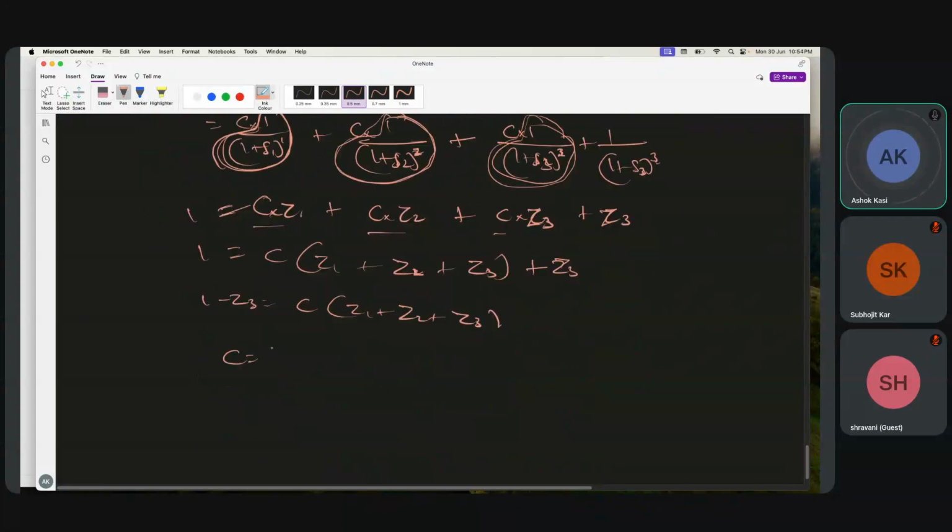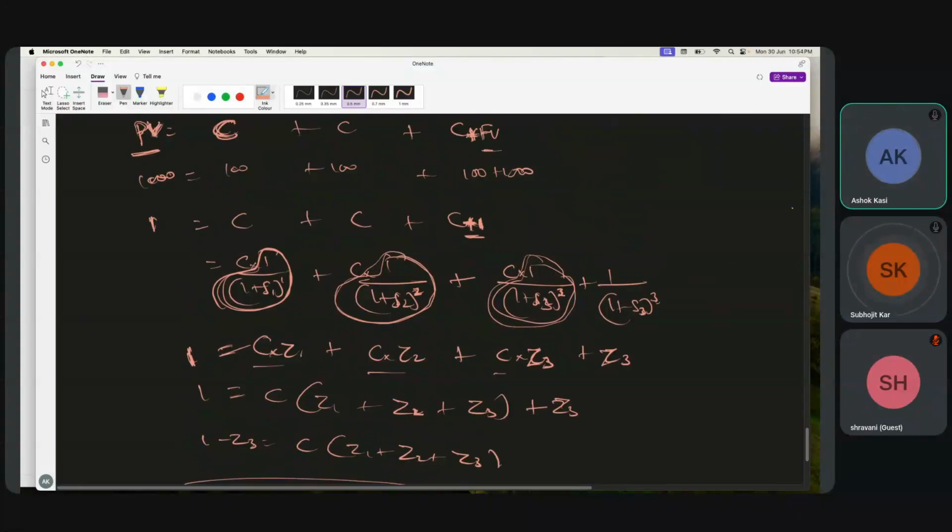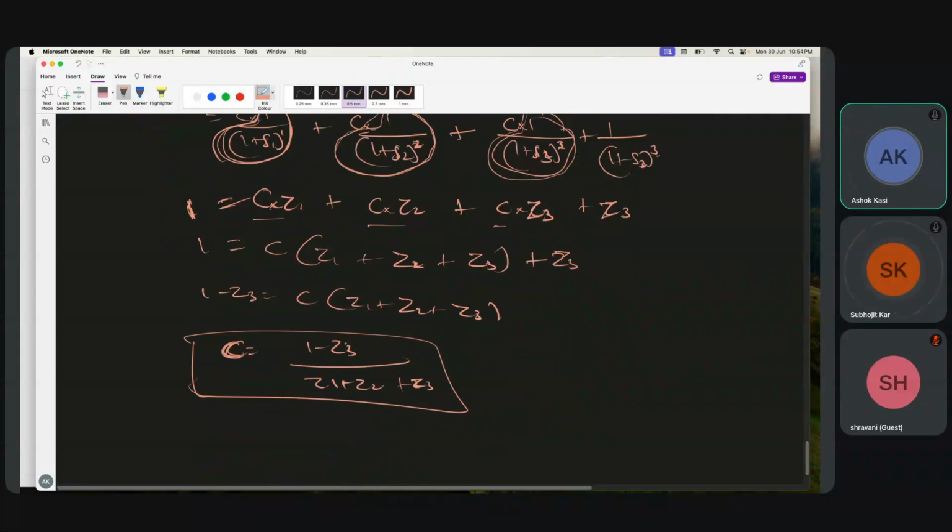So now C is equal to 1 minus Z3 divided by Z1 plus Z2 plus Z3, which is our formula. So this is the coupon rate, where here also it is 1, at the end also it is 1. This is the derivation of the par swap formula: PV equals FV.